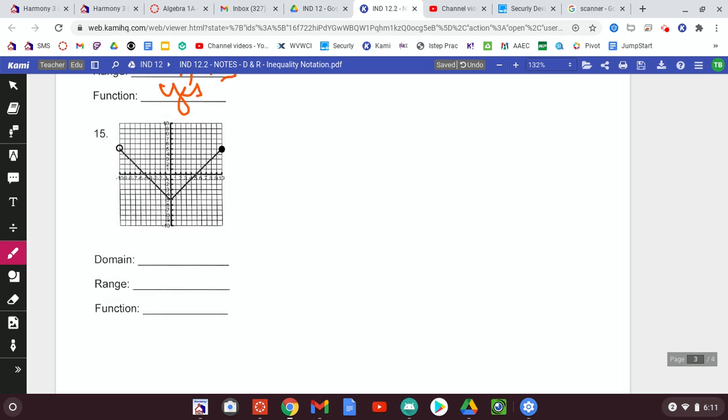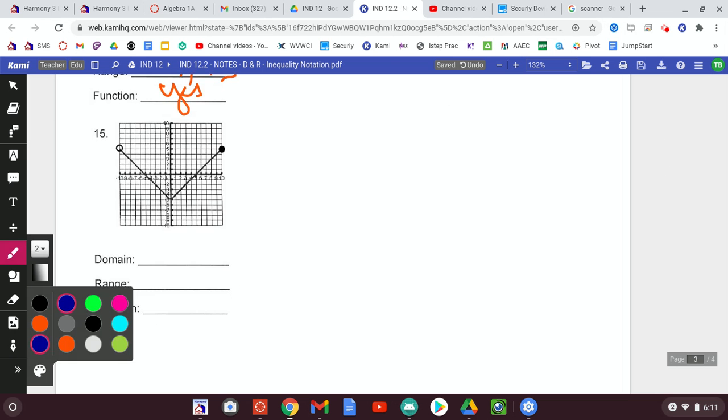Number 15 here is another example of when you're given a graph and you're asked for the domain and range. Think house: walls, ceiling, floor. I'm going to look first at my side wall here, and that is at -10, and it is an open circle, so that is a soft bracket at -10. And then over here, at +10, it is a closed circle, so that would be a hard bracket.